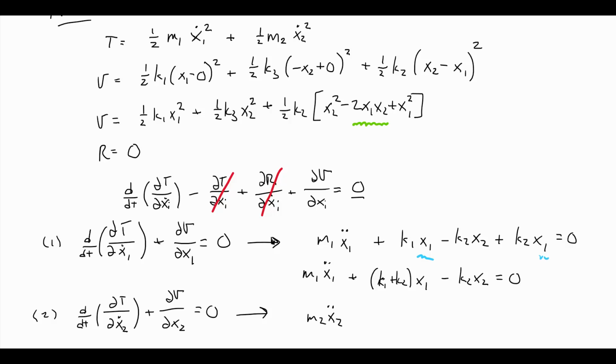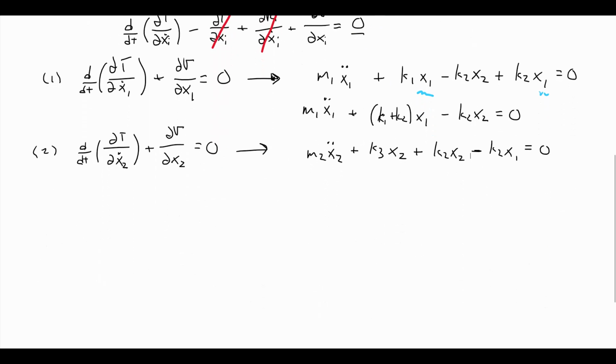Then my next term is k2 x2 after I partially differentiate with respect to x2, plus I'll have a k2 x2 from that first term. Now the mixed term is going to give me a negative k2 x1. And then the third term, that x1 squared, that drops out, and my right-hand side is 0. And that's what I get from applying my Lagrange equation the second time, but now differentiating with respect to x2 and ẋ2.